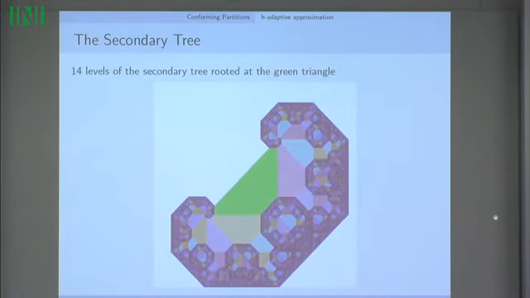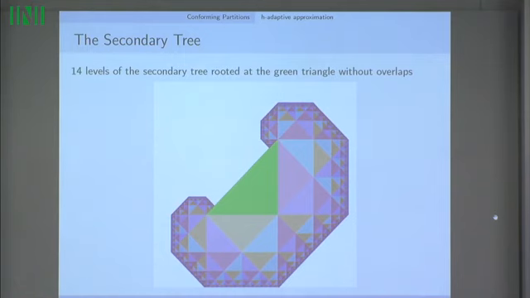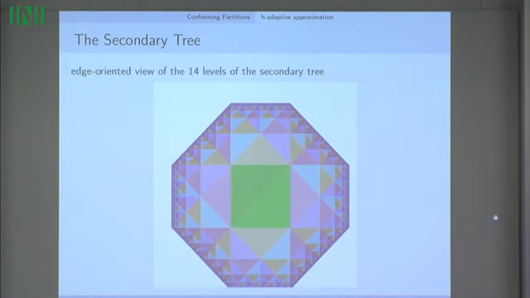This looks like this if we have 14 levels. Of course, this is unrealistic because here, if we want to subdivide this triangle, we have to already subdivide the green one. But the next picture shows something. If we want to subdivide any edge in this triangulation, we first have to subdivide this green one.